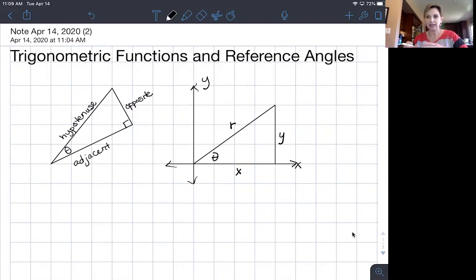So what that means is I can take my 6 trig functions, and instead of always saying opposite, adjacent, hypotenuse, I can now use X and Y and R instead.